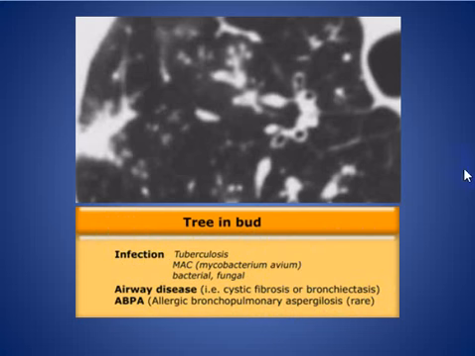As we see here in this patient, we have multiple tree-in-bud appearances, branching terminal centrilobular bronchioles filled with mucus or cells.